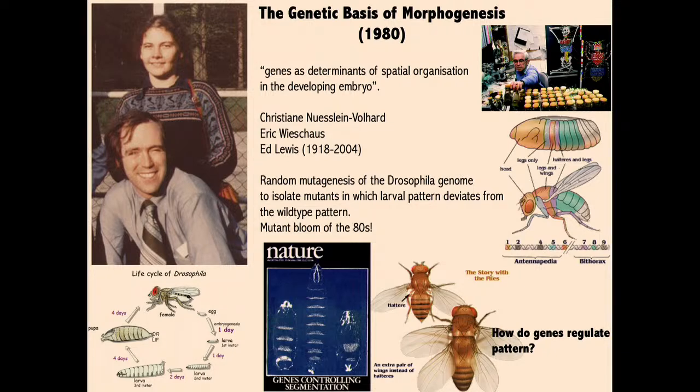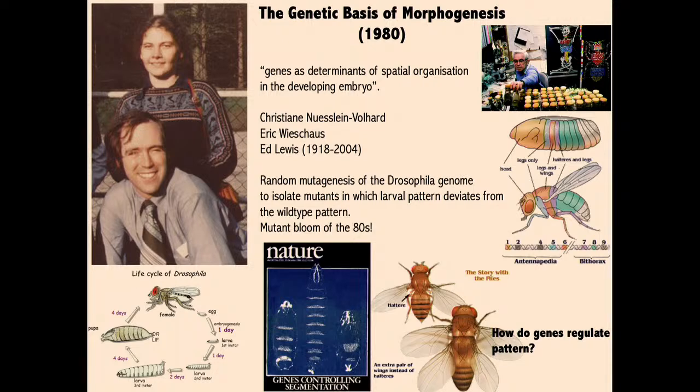Through this sort of mutagenesis experiment, they showed for the first time that certain changes in the sequence of DNA would cause larvae to have patterns distinct from that of the wild type. Even if you just counted the number of bright bands in the larval cuticle, which are these dark bands that you see here, just visualized differently, you will see that some of these mutants actually lacked many of these bands.